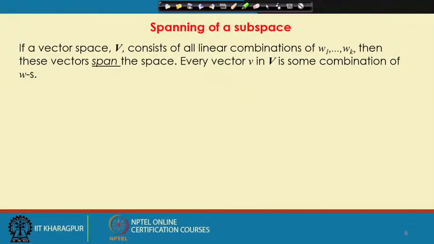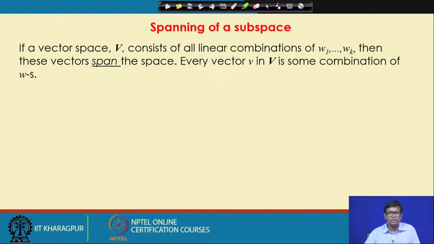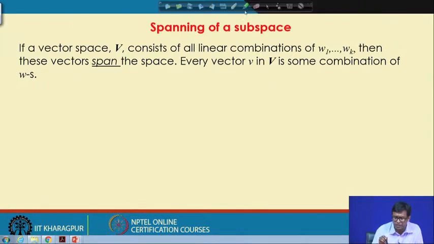So, if a vector space V consists of all linear combinations of W1 to Wk, then these vectors span the space. Every vector V in the space capital V is some linear combination of W's. So, we can write any vector V belonging to capital V as a linear combination of W's, and then we will say that the set of W vectors span the entire space.